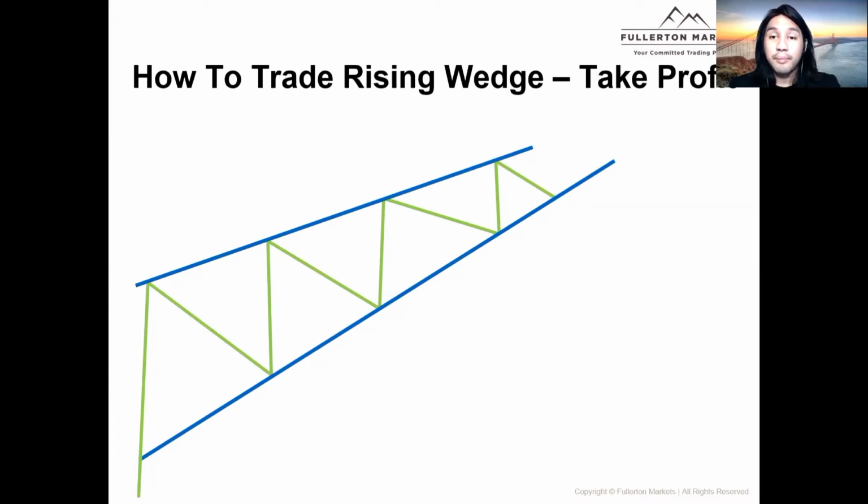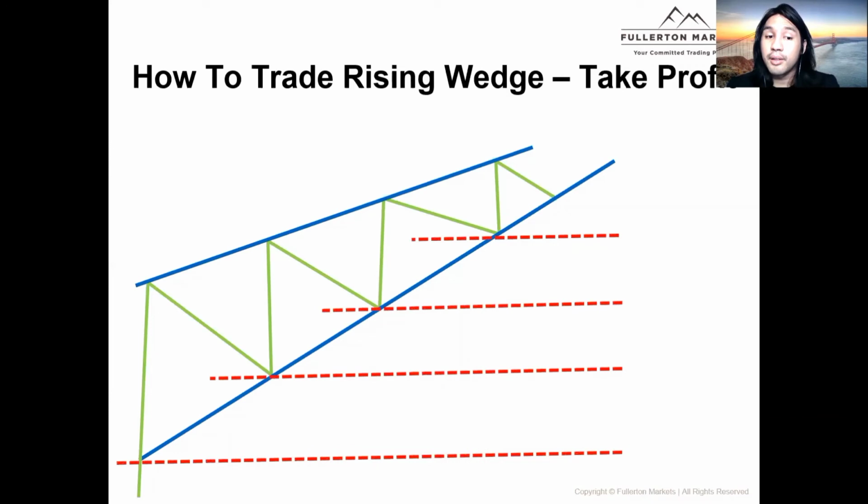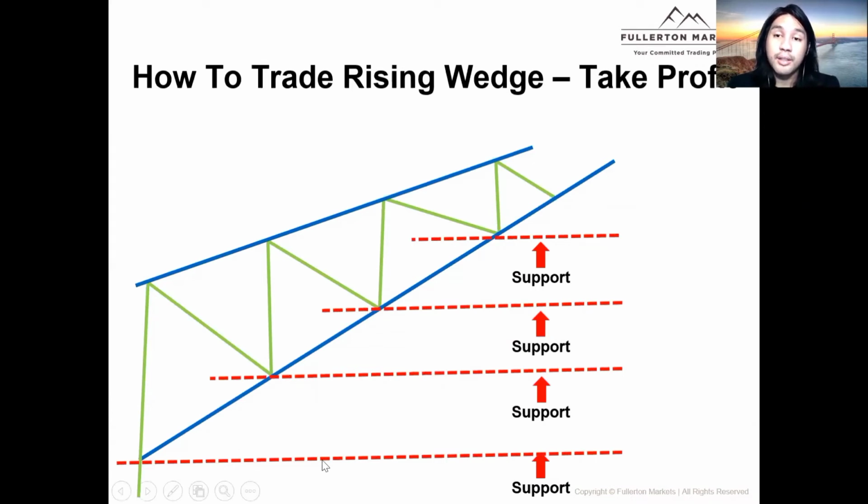The great thing about this strategy is we've more or less found these areas to take profit before. These are the higher lows. These are all support areas where we can target for our take profit.